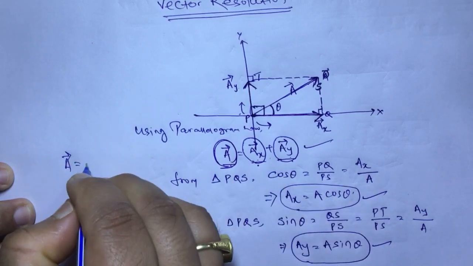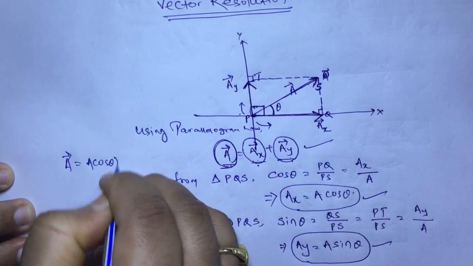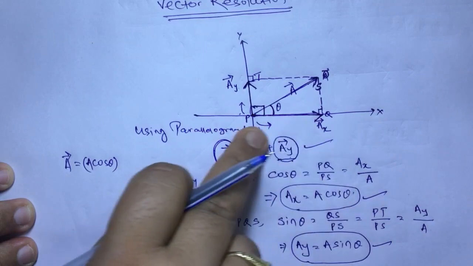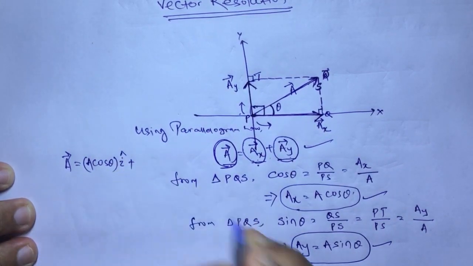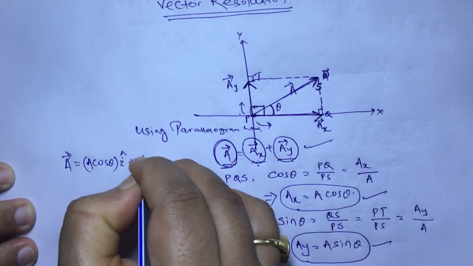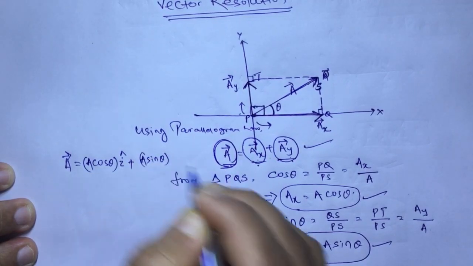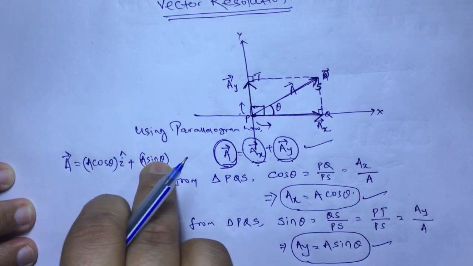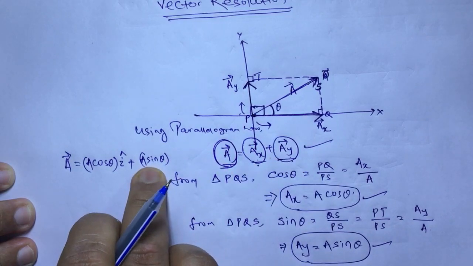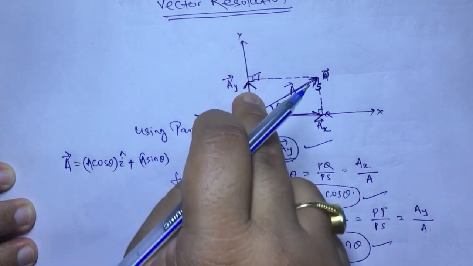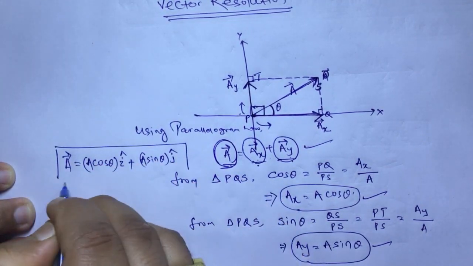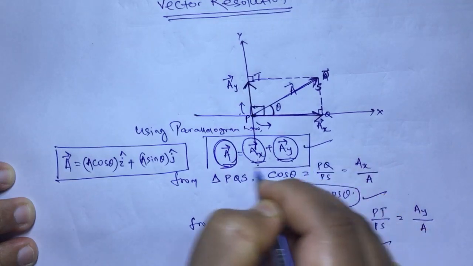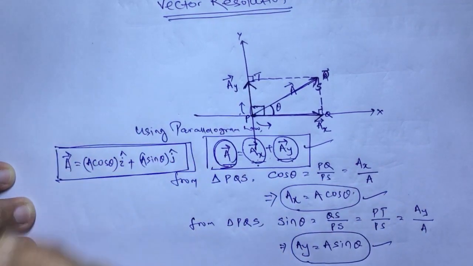The ax vector magnitude, that is a cos theta, into the ax vector direction, that is nothing but i cap, plus the ay vector. The ay vector will be the ay vector's magnitude, a sin theta, into its direction, which is along j cap. So I can write the a vector like this also.